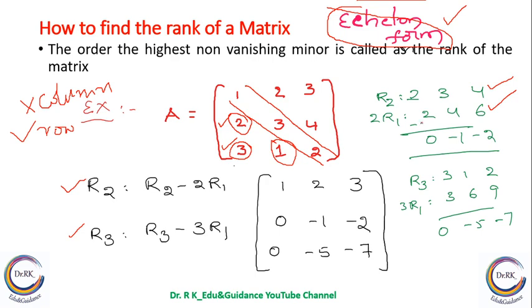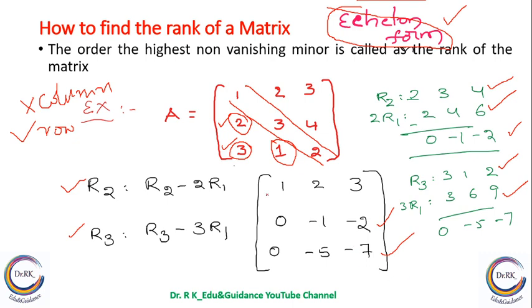If we subtract, 2 minus 2 is 0, 3 minus 4, 4 minus 6. Next, making this 3 as 0, the operation is R3 minus 3R1. Row 3 is 3, 1, 2. So 3R1: 3 ones are 3, 3 twos are 6, 3 threes are 9, and subtracting we get this.